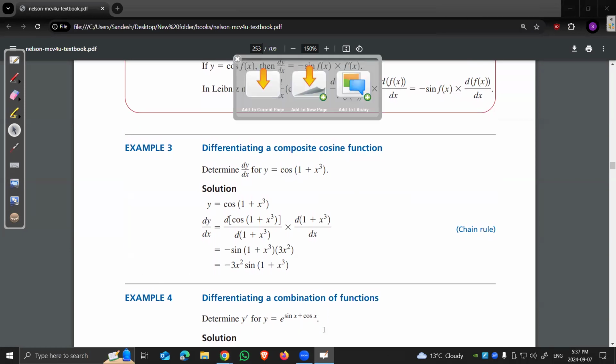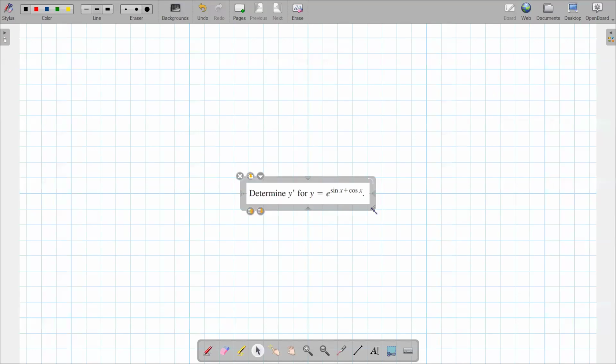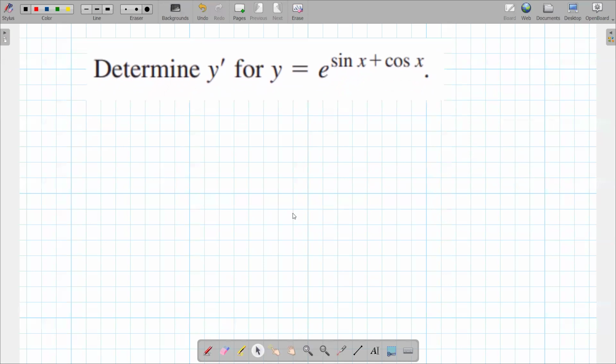Let's look at this one. Again, it looks tricky. It's just one step. Now be careful here. The function is e power x. What's the derivative of this? Itself. Yeah, and then it's cosine of x.